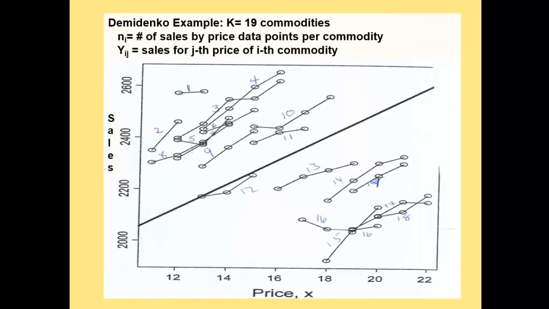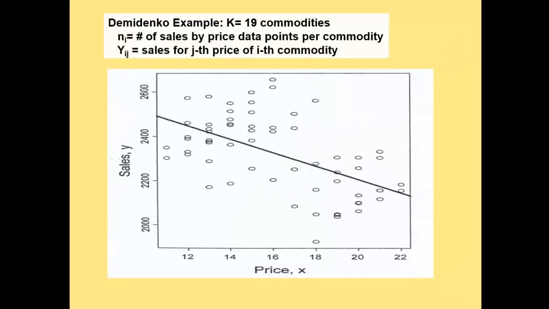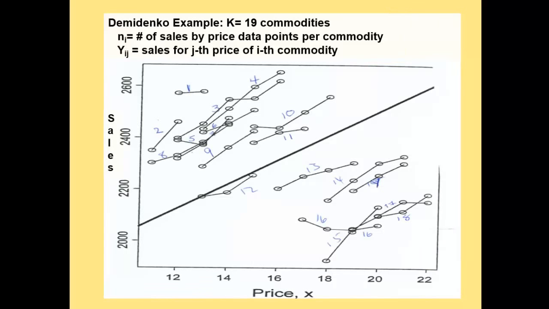Now, look at this picture. It has the same circles, but on this slide these two dots correspond to the same commodity, the first commodity, and these two dots correspond to the second commodity, and then there are all the other commodities, the 12th, the 13th, the 14th.